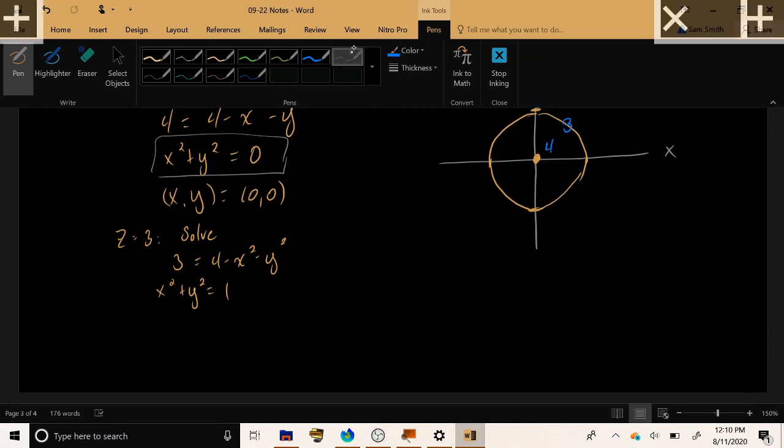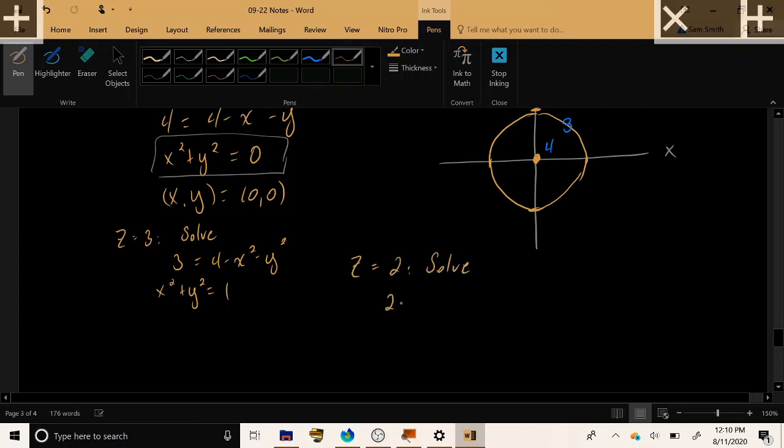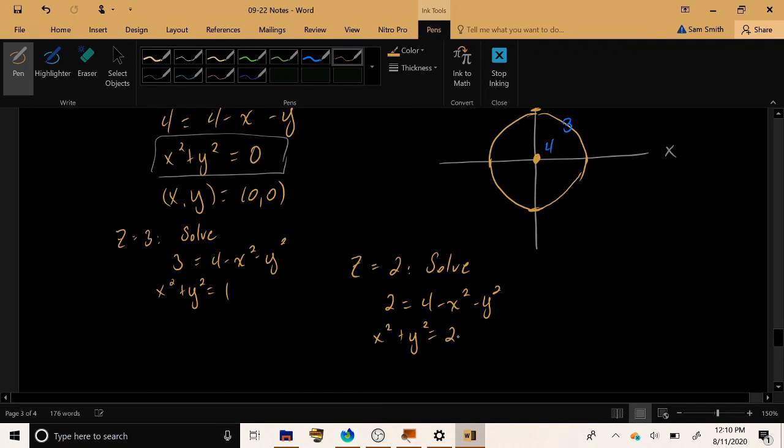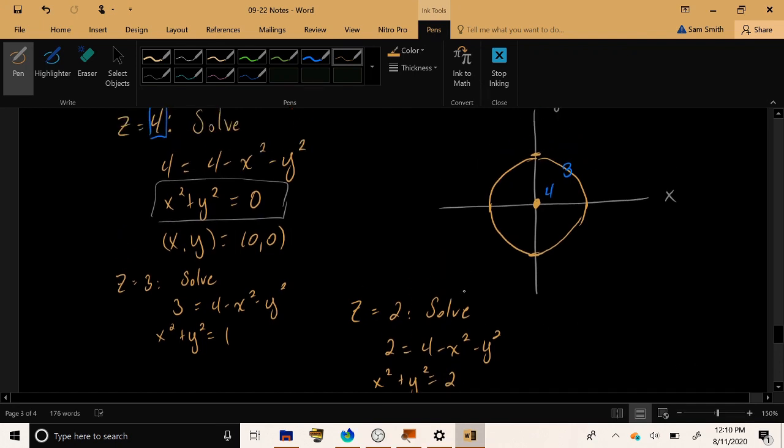Let's move on to the next level. We can move a little faster now. If we have z equals 2, we need to solve 2 equals 4 minus x squared minus y squared, which corresponds to a circle of radius square root 2, or roughly speaking, 1.4. So I'm going to come in and try and draw a circle of radius 1.4, roughly speaking.